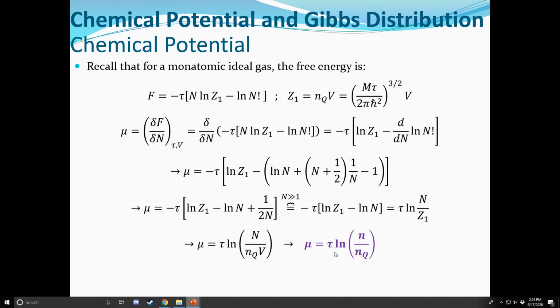So now, instead of having the chemical potential strictly dependent on the free energy, we now have it on stuff that we can actually calculate fairly easily, like the temperature, the concentration, and the quantum concentration.